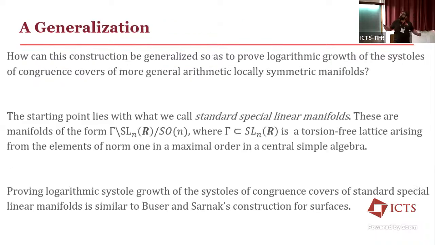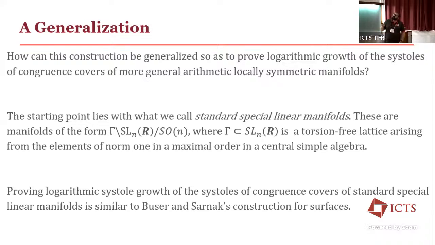Okay, so the generalization. I want to talk about how you can generalize this to really any arithmetic locally symmetric manifold. So here's the idea. I want to start with, I'm sure the name isn't going to catch on, standard special linear manifolds. Just things that look like SL_n(R) quotiented by SO_n, and gamma, where gamma is a torsion-free lattice you get from norm 1 elements in a maximal order in a central simple algebra.